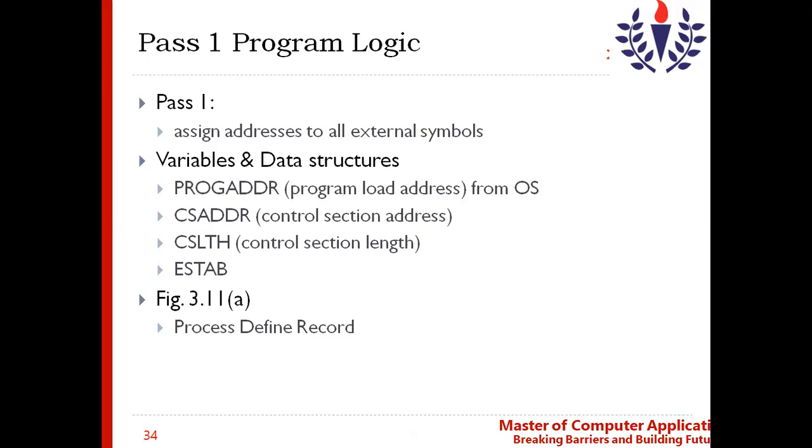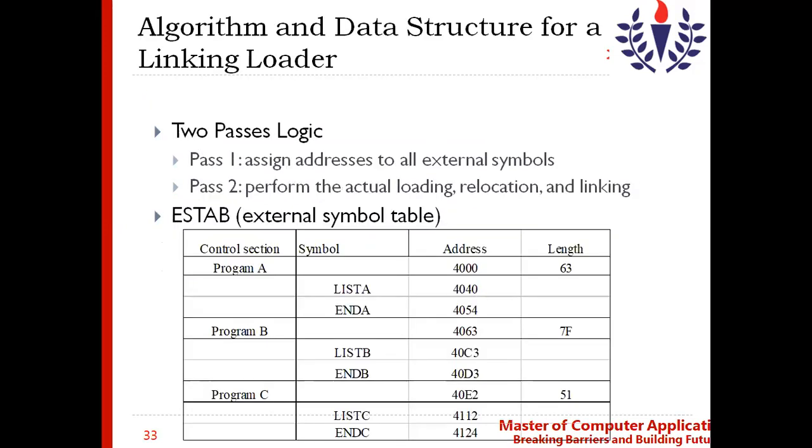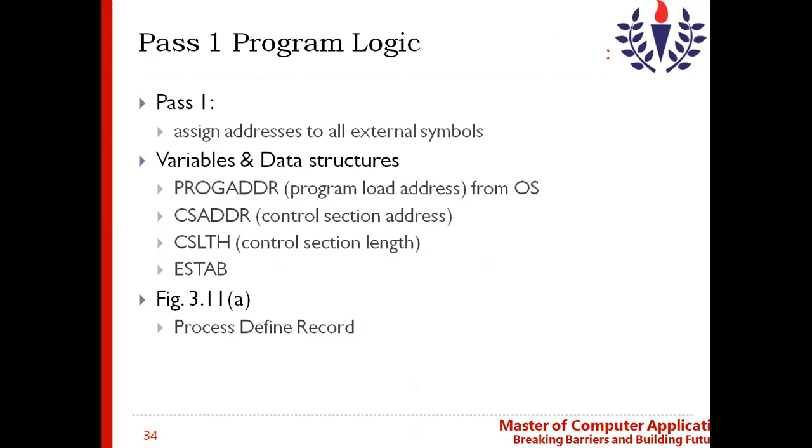Since we have many control sections, each control section will load at a different place. If you look at the previous example, the ESTAB: program A is stored in location 4000, program B is stored in location 4063, and program C will be in a different place. So each control section starts with a different address.